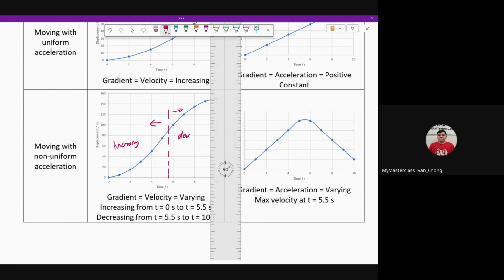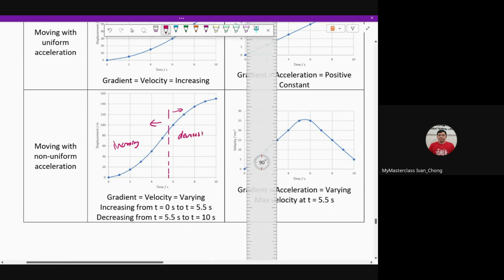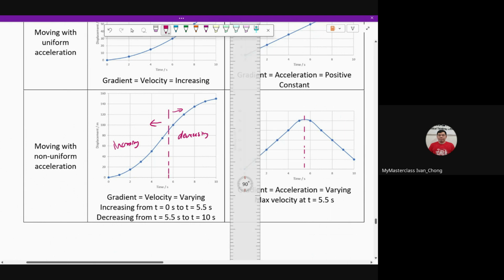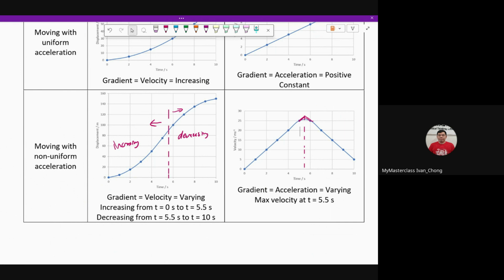This here is decreasing. So at 5.5, this should actually be a peak, a triangle. At 5.5 seconds, I'm at my max velocity in this case, so you should have a sharp line like this.